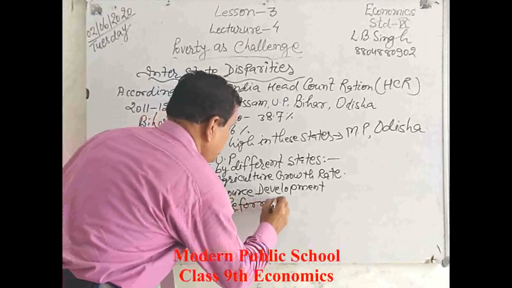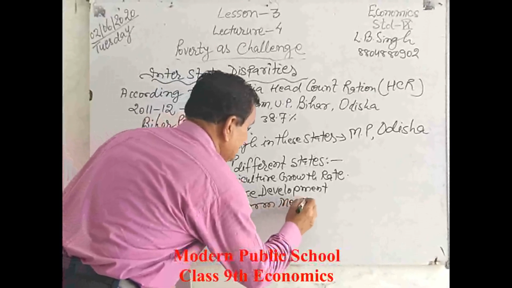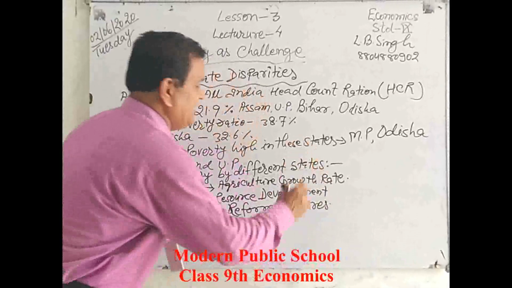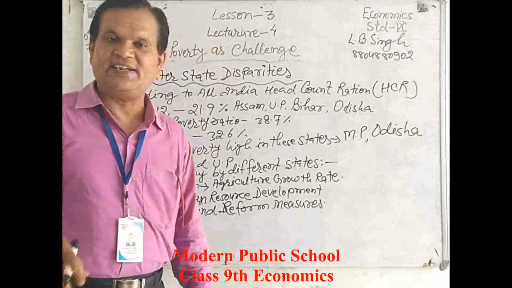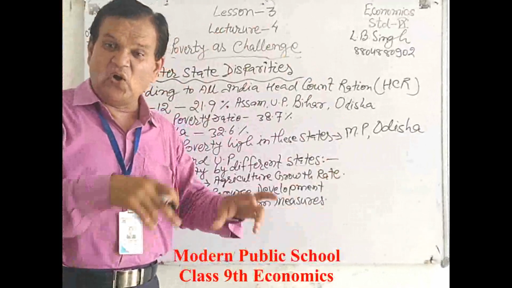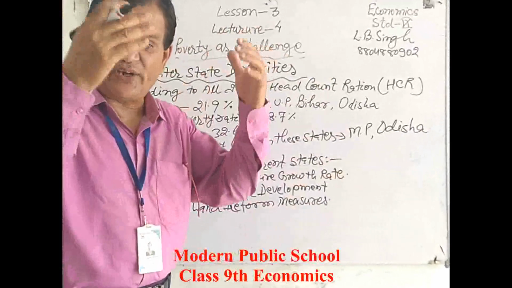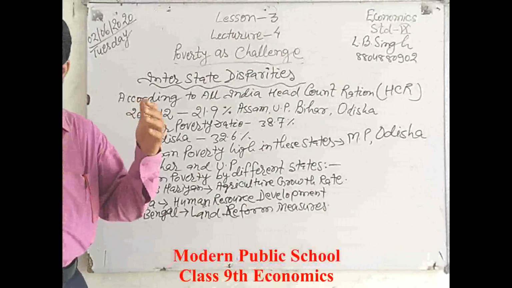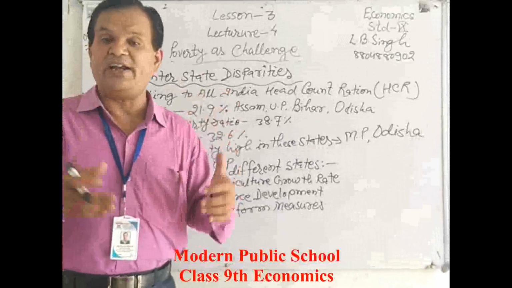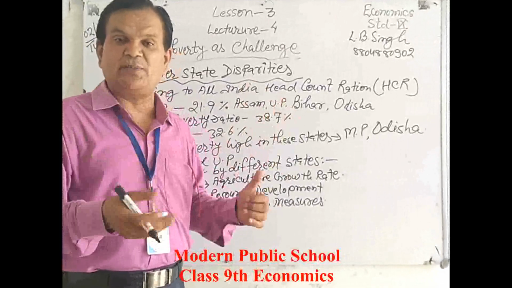Land reform measures. Do you know this thing? That means the CM of that state measured all the land situated in West Bengal, and it was nearly equally divided and distributed among the people.